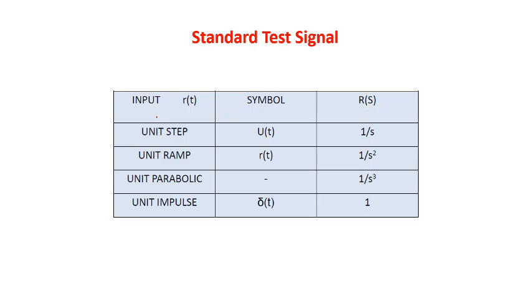This tells about the types of inputs, that is, unit step input, unit ramp input, unit parabolic, and unit impulse, and the symbols for these are unit step input u(t), ramp input r(t), and impulse input delta(t). The responses in the S domain are 1 divided by s, 1 divided by s square, 1 divided by s cube, and here it is 1.